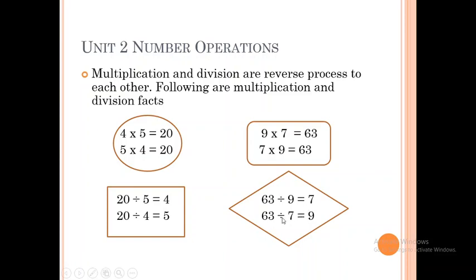Or second method, if you divide the product 63 by 7, you will get the answer 9. 9 is the quotient. So these are two very important facts about multiplication and division.